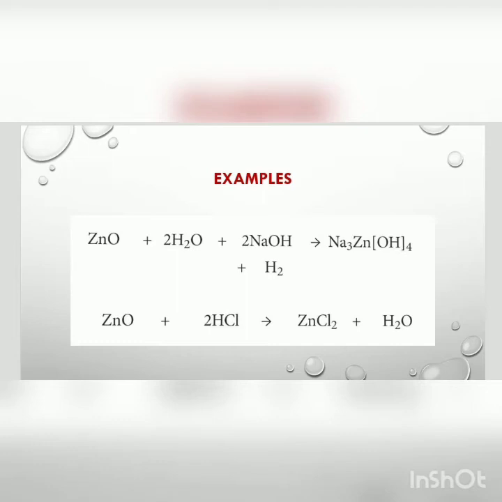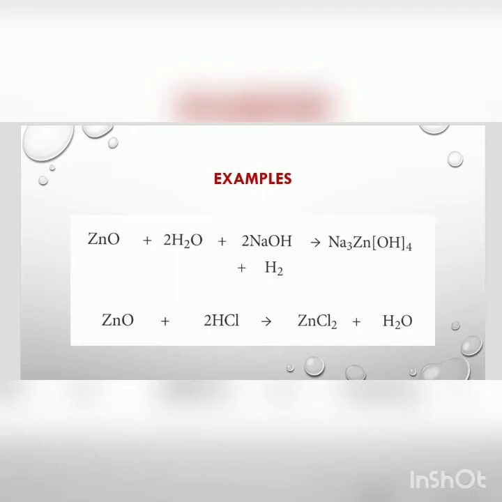In the first reaction, zinc oxide plus 2NaOH gives Na2Zn(OH)4 plus H2. Here zinc oxide acts as an acid and sodium hydroxide is a base.